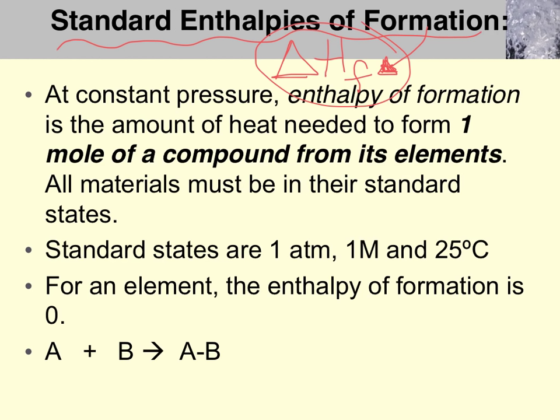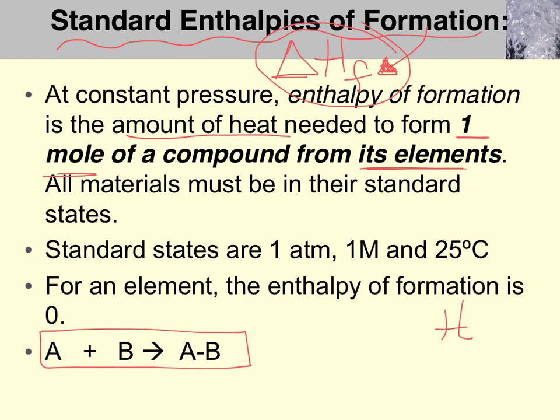The definition of enthalpy of formation is the amount of heat required to form 1 mole of a substance from its elements. Here's the generic equation. But if I asked you to write an equation that represented the heat of formation for water, look back at this definition and let's see what we would be doing.